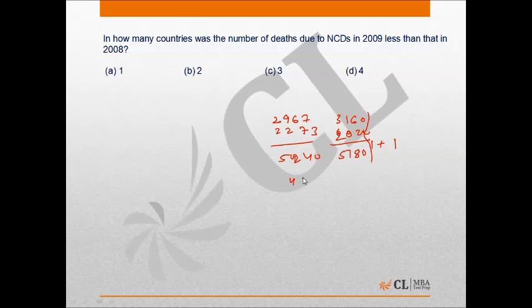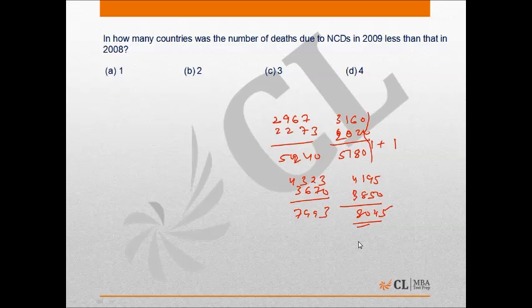The total number of deaths due to NCDs in China in 2008 was 4323 plus 3670, which is equal to 7993, and in 2009 it was 4195 plus 3850, which comes out to be 8045, which means China is not a country that had lesser number of NCD deaths in 2009 compared to 2008.